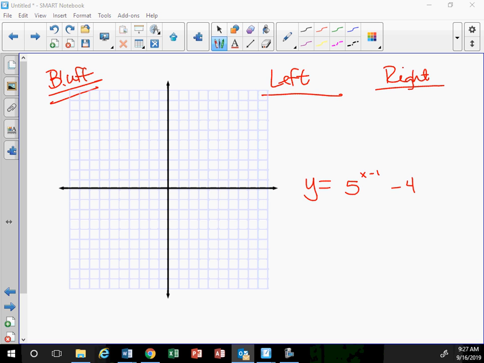Hopefully I can just tell what's happening. Draw in an asymptote so I can see that. That'll help me.